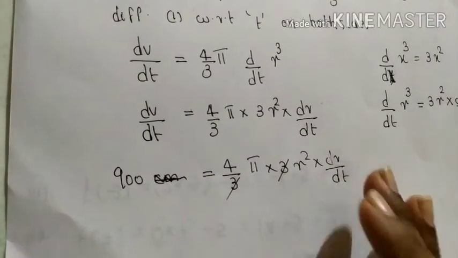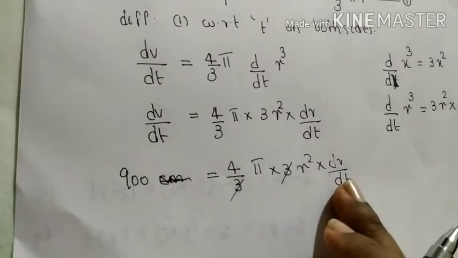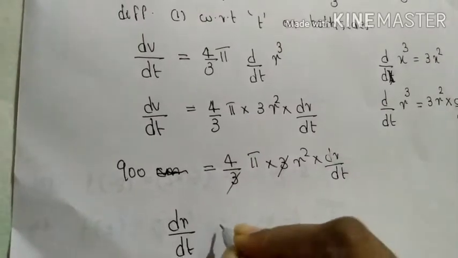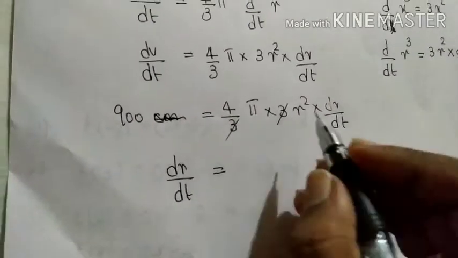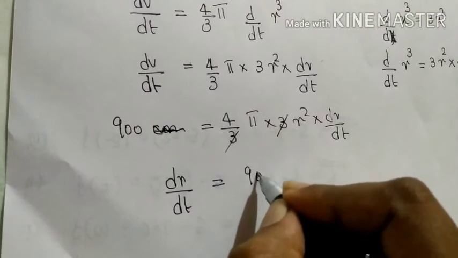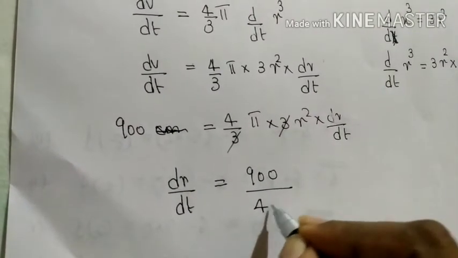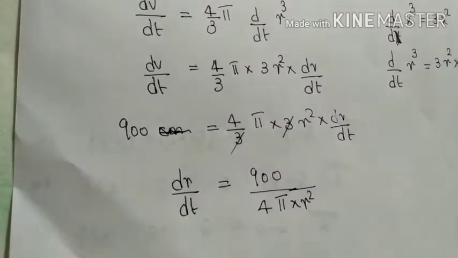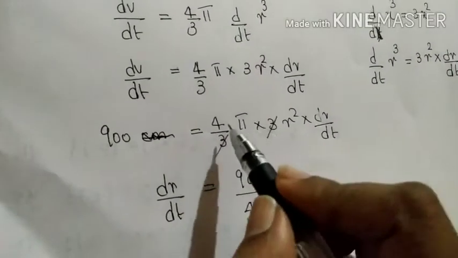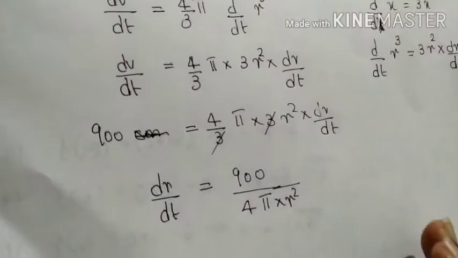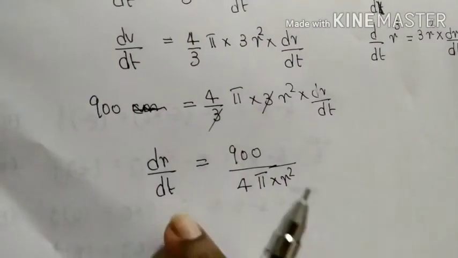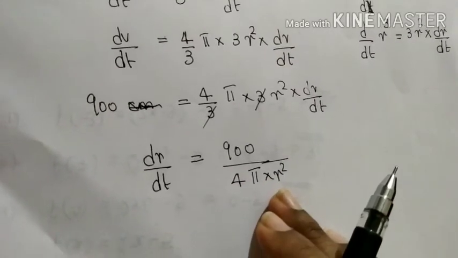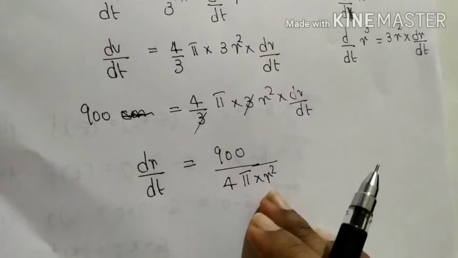From this, we get dr by dt equal to 900 divided by 4 pi r square. Okay. So, taking 4 pi r square to the RHS, it becomes dr by dt equal to 900 divided by 4 pi r square.